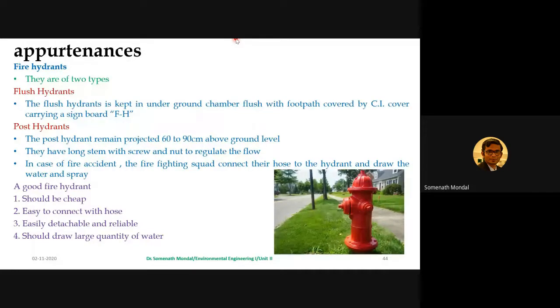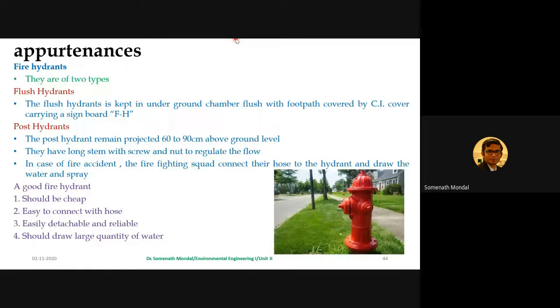On the other hand, the post hydrant remains projected 60 to 90 centimeters, and conventionally we can see it from a larger distance. On the right hand side of my slide you can see a photo of post hydrants.